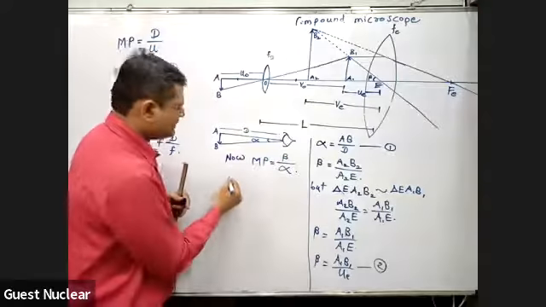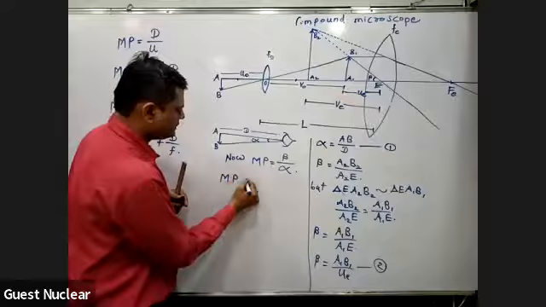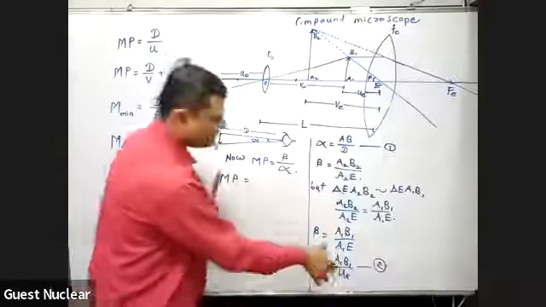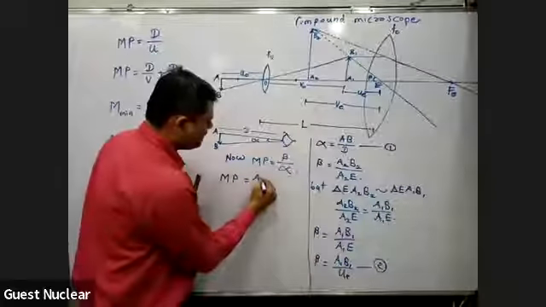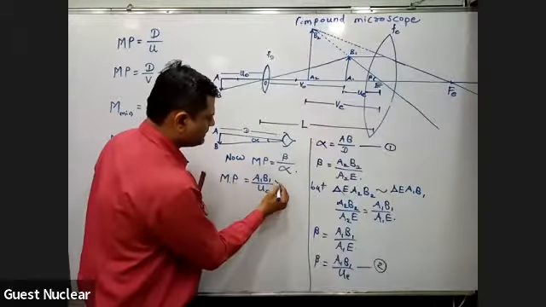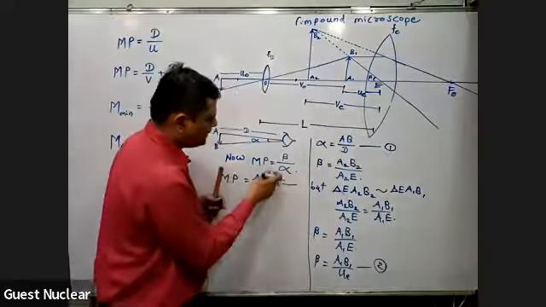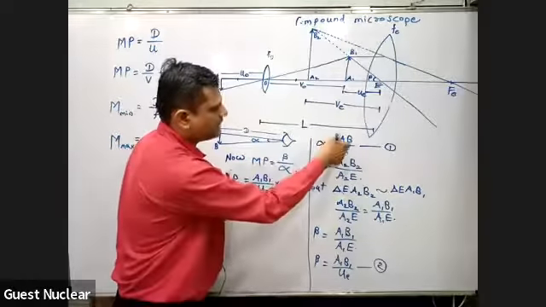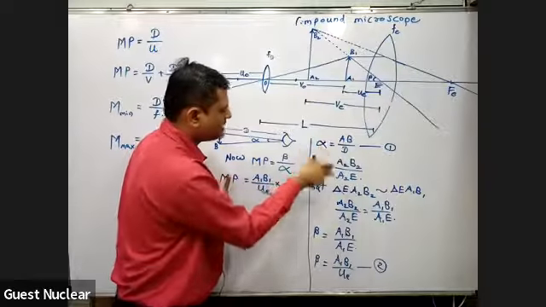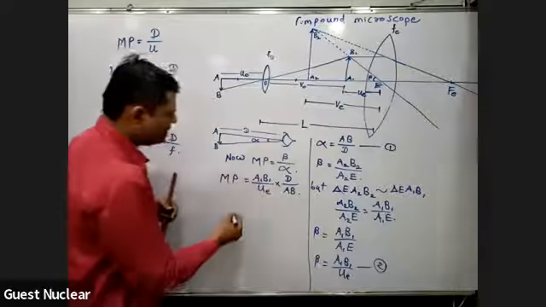So the magnifying power of this compound microscope will finally be equal to beta upon alpha. What is beta? It is A1B1 upon UE multiplied by, what is alpha here? We have to multiply by the reciprocal of alpha. So what is the reciprocal of AB upon D? D upon AB.